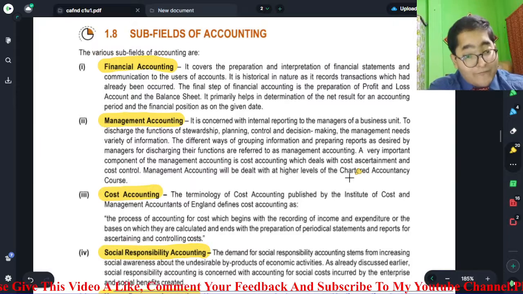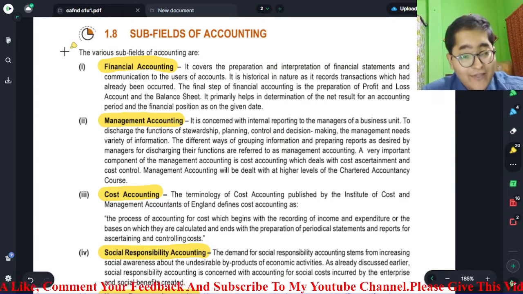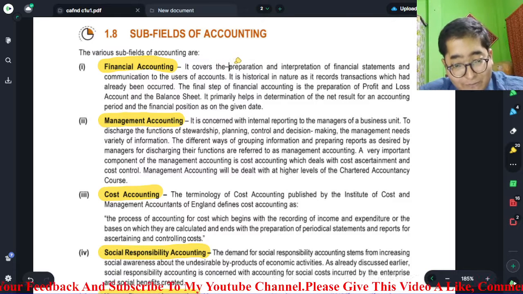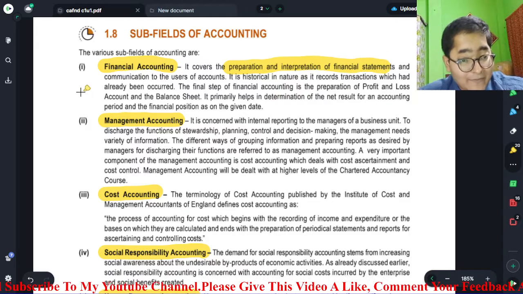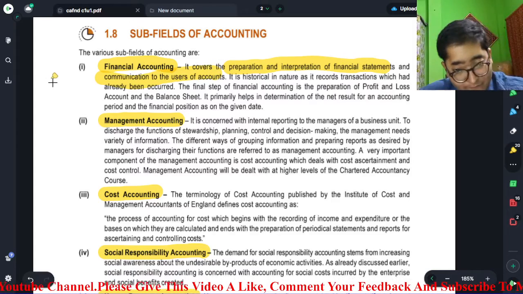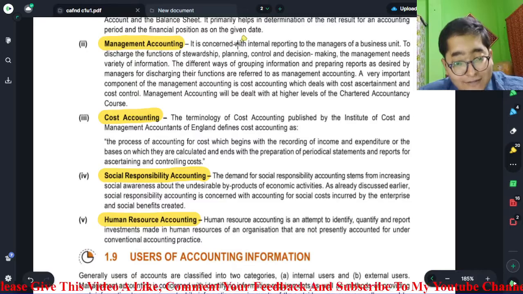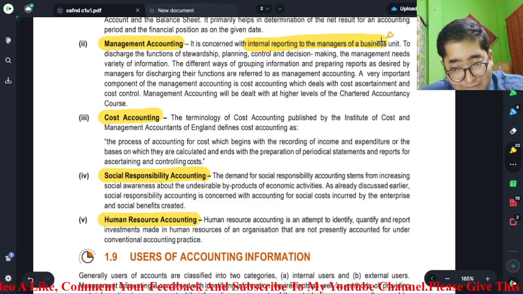Now comes the subfields of accounting. We have already seen the subfields of accounting. Here we come to financial accounting. It covers the preparation and interpretation of financial statements and communication to the users of the accounts. Management accounting is concerned with internal reporting to the managers of the business unit.